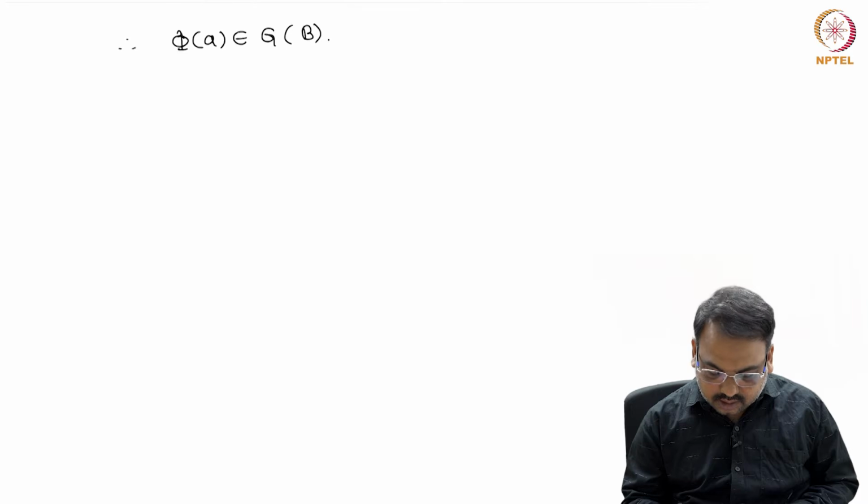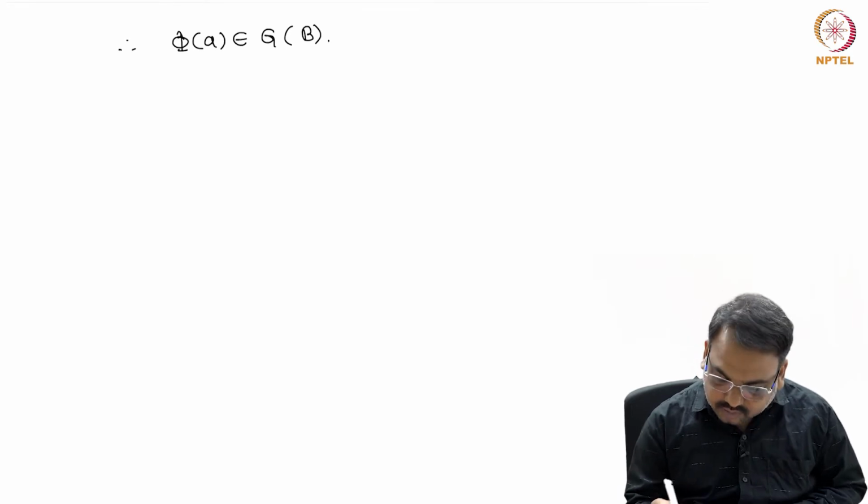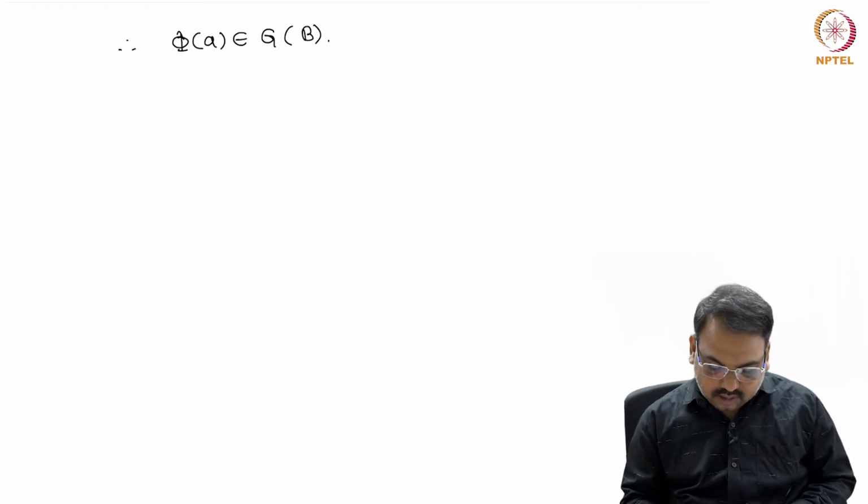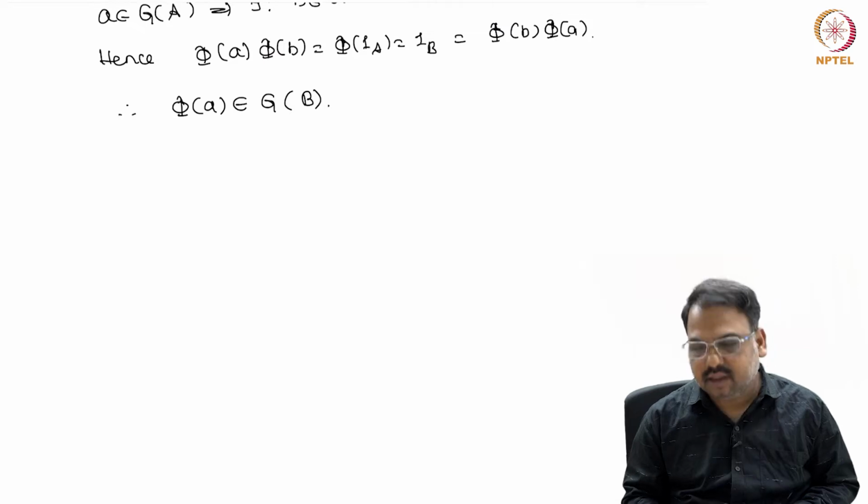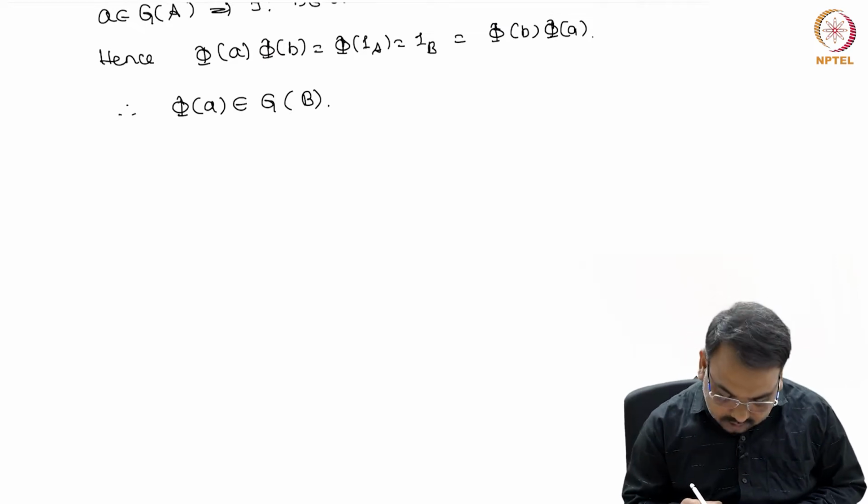So if phi is a homomorphism, we can comment something about the spectrum of an element.